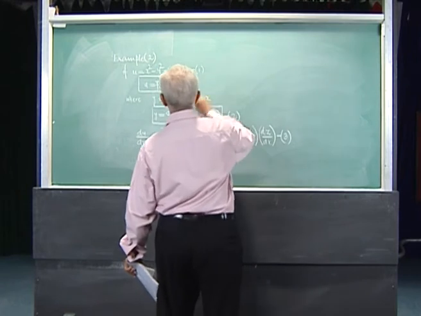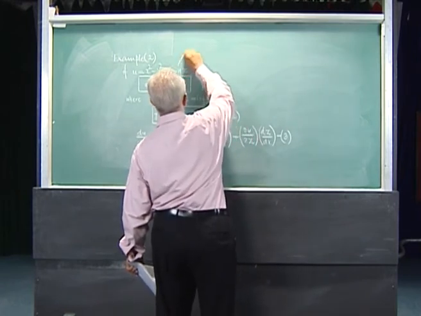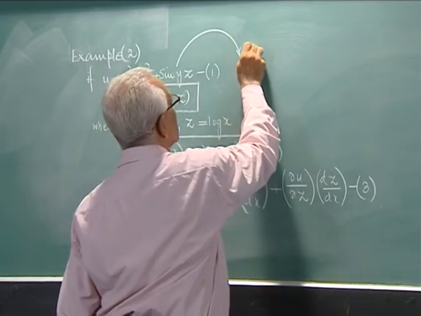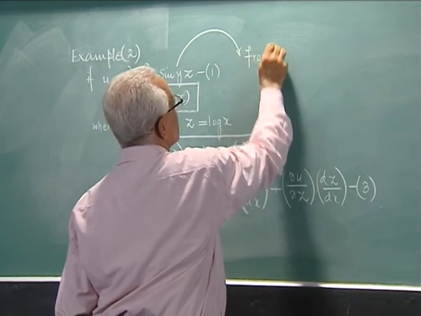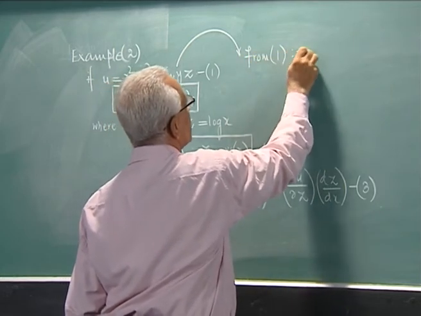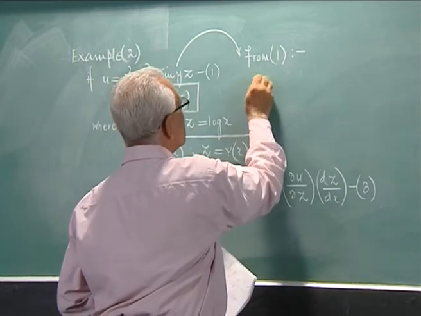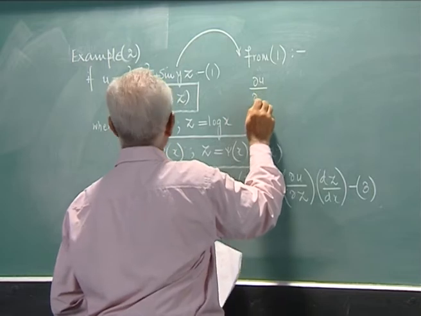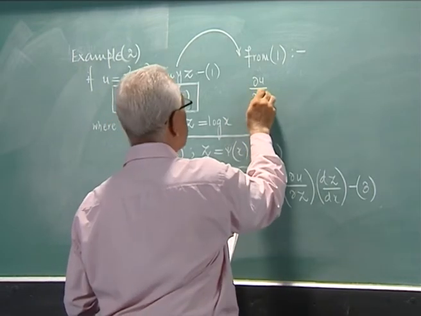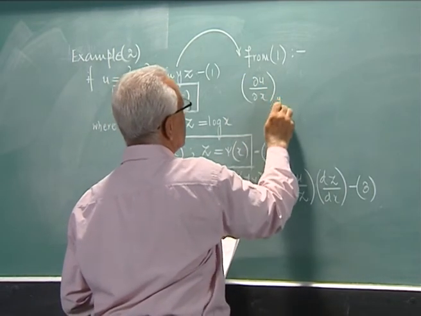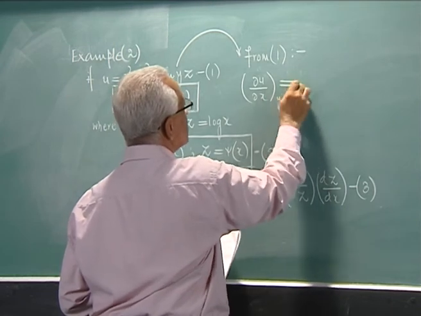So for the partial, I'll start from equation 1. We will have partial du dx. This time we will keep y and z constant.